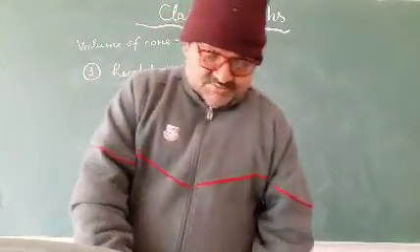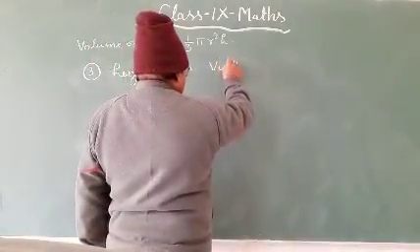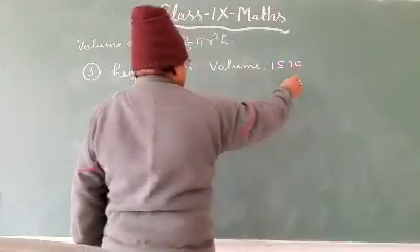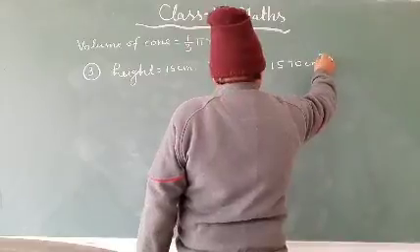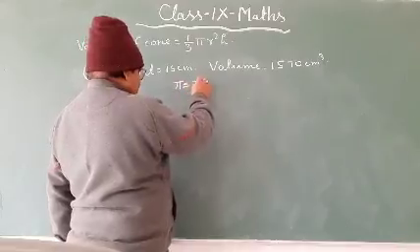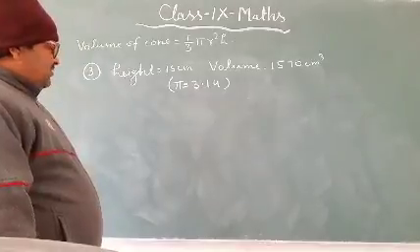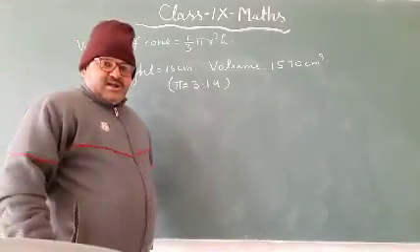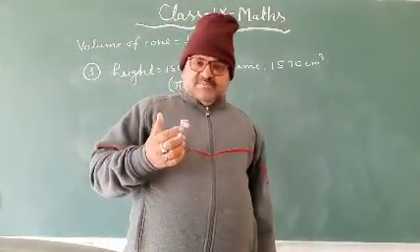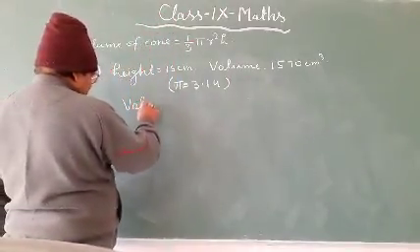Use pi equal to 3.14. So height is 15 centimeter, volume is 1570 centimeter cube, and pi equals 3.14. Find the radius of the base of the cone.